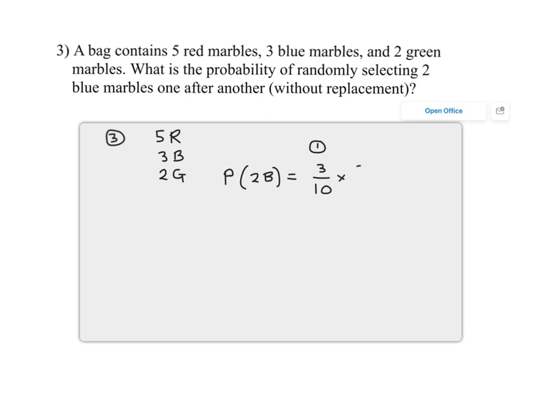So there's 2 blues left now for the second choice. And we know there's 9 marbles altogether. So 6 divided by 90, which if we divide, comes to 2 over 30, which I think is 1 over 15, which equals 0.066, which is 6.7%.